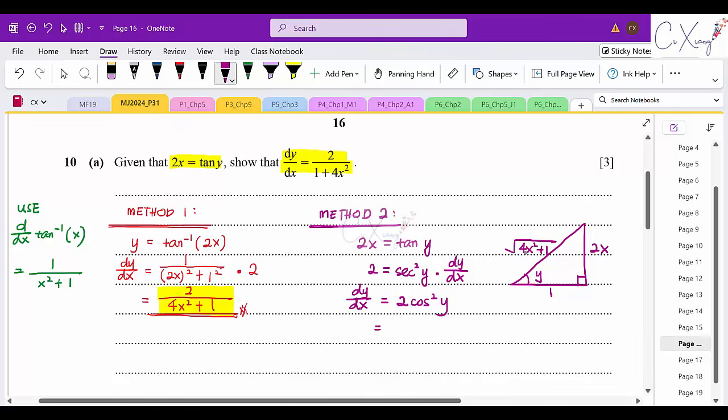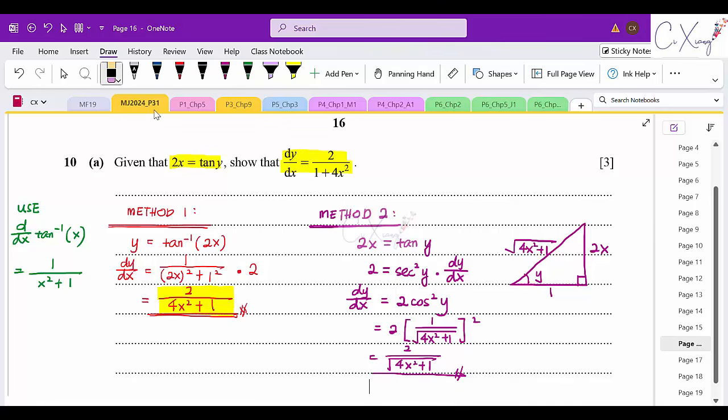Then I substitute cos y. So cos y is 1 over the square root of 4x squared plus 1, and then you square it. When you square it, of course, there's no more square root, so you have 4x squared plus 1. And from here, eventually you can see that you also get the same answer as in method number 1.